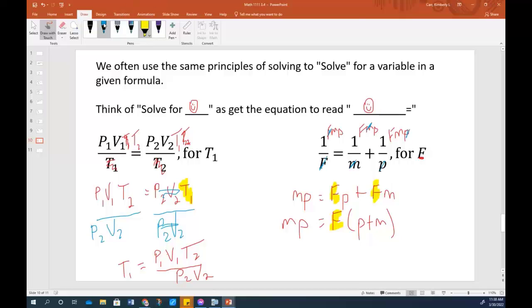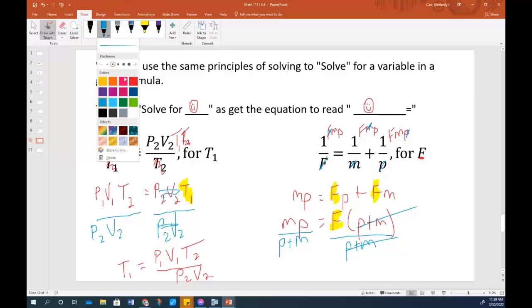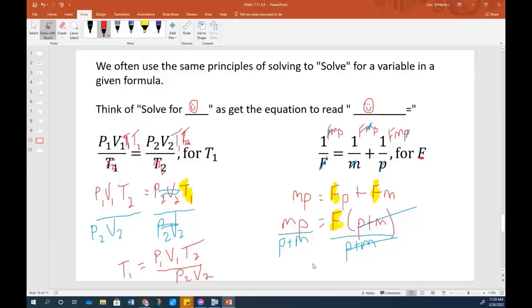Now I have it in one term. I want to get it by itself. Then I need to divide off this P plus M. And then we have our answer. So you've got a couple of those things in your homework too.